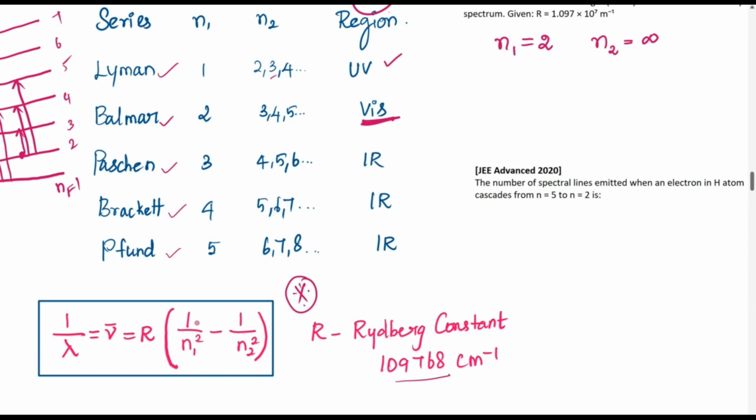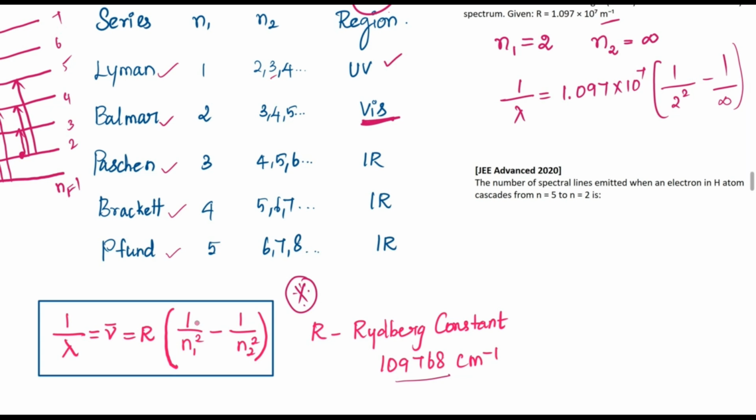We are just going to apply that over here. 1 by lambda equals R, the value they have given in meter inverse, so we can take it as such, 10 to the power 7, into 1 by n1 square, that is 2 square, minus 1 by n2 square, that is 1 by infinity, which will be 0.